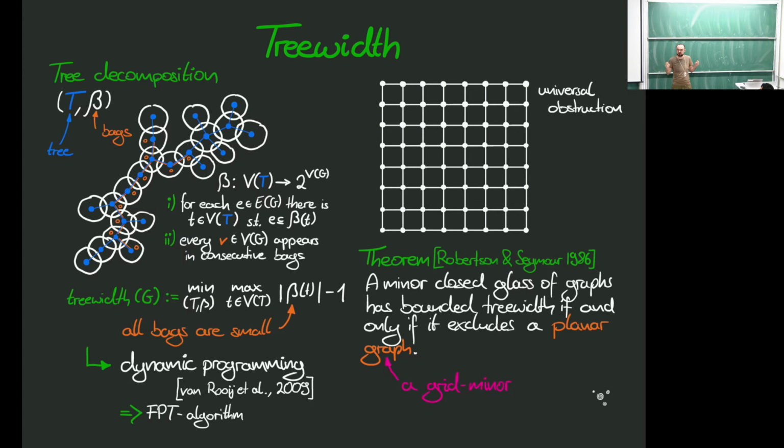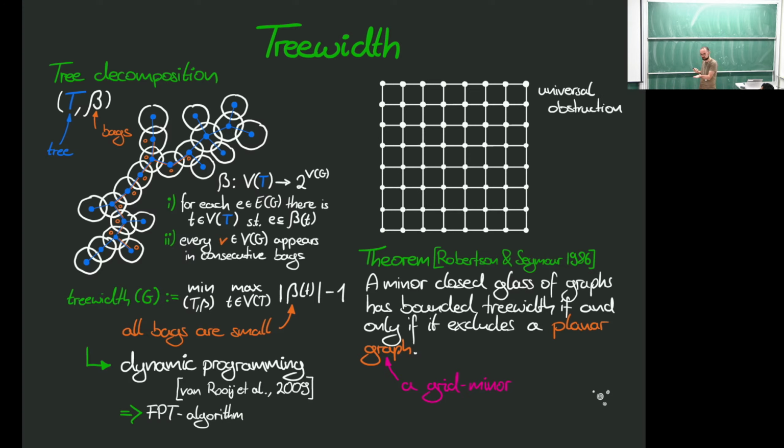So I have a universal way to encode what type of graph I want to exclude. In this sense, I have small tree width if and only if I exclude a minor of some grid. And then the size of the grid determines the tree width up to some function. So this is tree width.